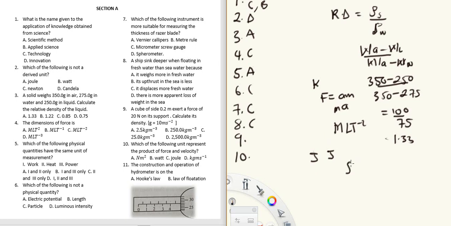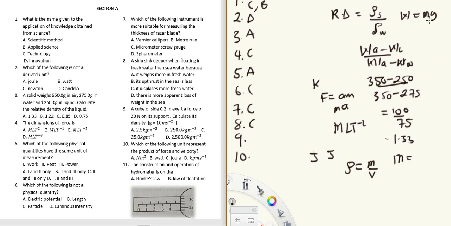So definitely density is equal to mass over volume. Our mass in this case, we will use the weight formula. Weight is equal to mass times gravity.